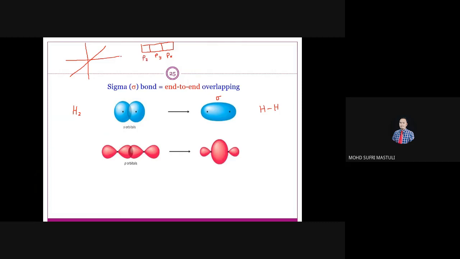So the orientation in x-axis, y-axis, and also z-axis. For the sigma bonds, for the p orbital, it should be px with px. An example of a molecule that has this px overlapping is Cl2. The p orbital of chlorine overlaps with the p orbital of another chlorine.